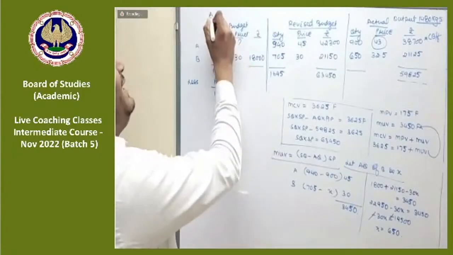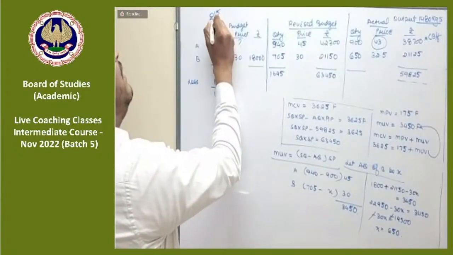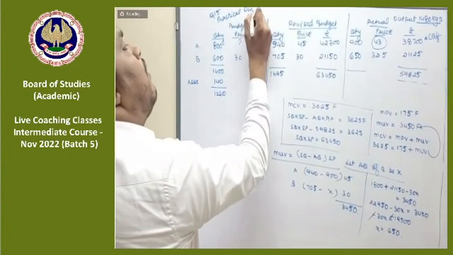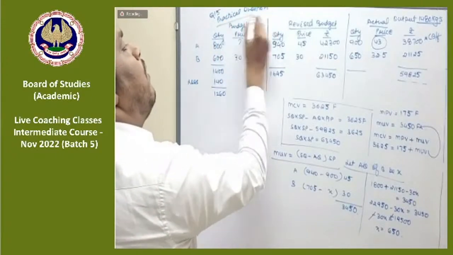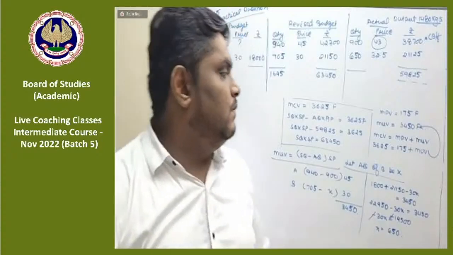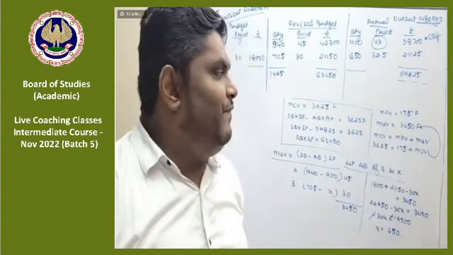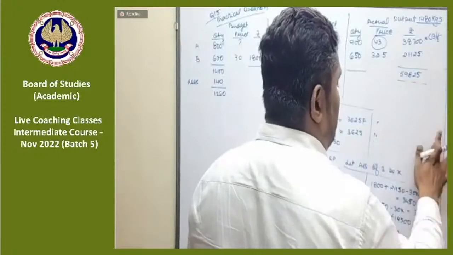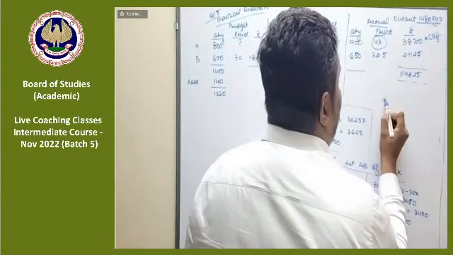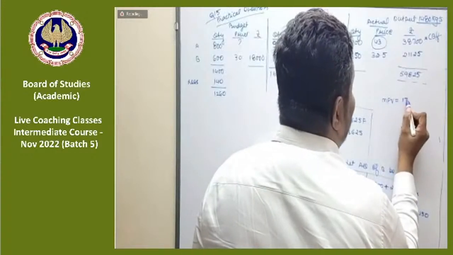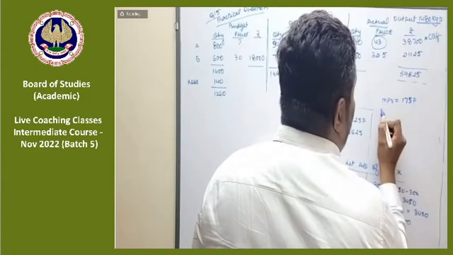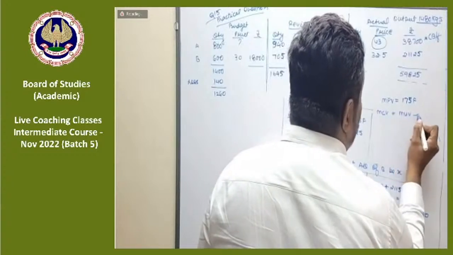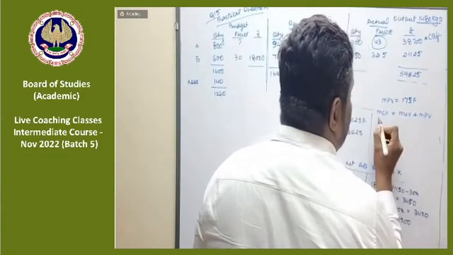I'm discussing practical question number 15. Where this 3450 is given, very simple guys. Material price variance is given, that is 175 favorable. As I said, material cost variance has two parts, that is material usage variance plus material price variance.